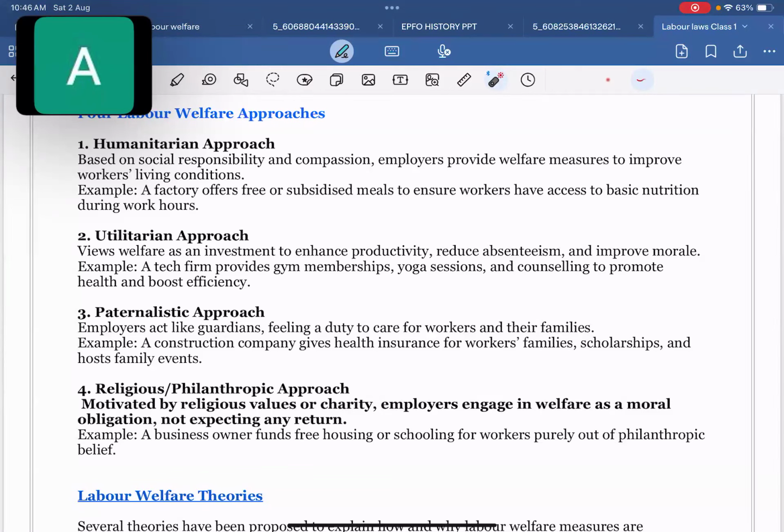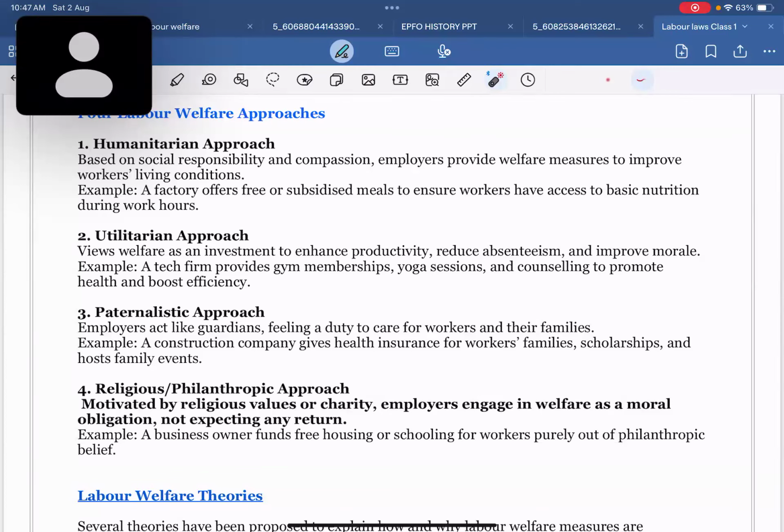Okay. So the religious philanthropic approach: motivated by religious values or charity, employers engage in welfare as a moral obligation, not expecting any return. Here, those of you living in Delhi have seen some persons distributing the Bhagavad Gita, right? Has anyone seen?